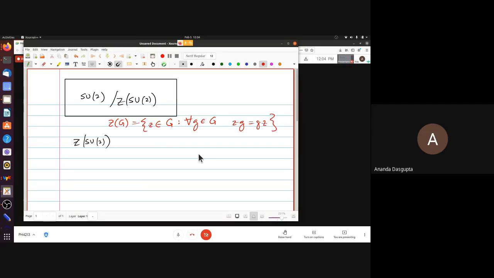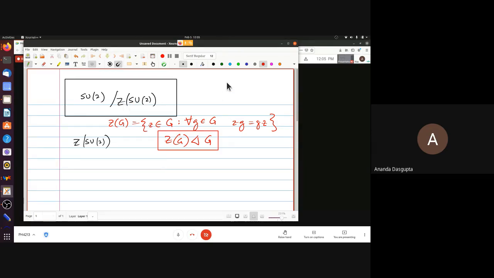So that's what a center is. And we had claimed, I think I've not really proven this, but it was perhaps an assignment, that Z(G) is not just a subset, it's a subgroup, and not only that, it's a normal subgroup of G, which is why this quotienting operation leads to a group.